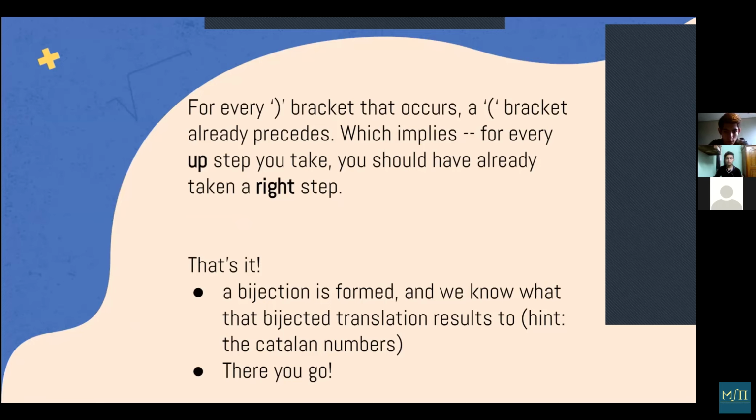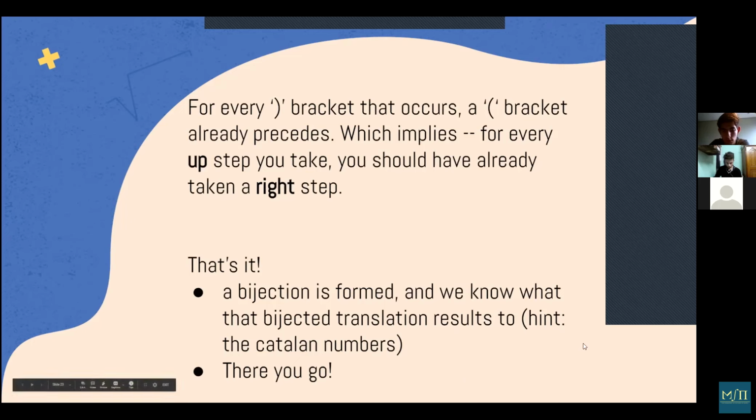That means that you can only have an up step after you have a right step. And so when you play with this for a while in your brain, it becomes fairly intuitive that this entire path lies in the x is greater than or equal to y region, right?